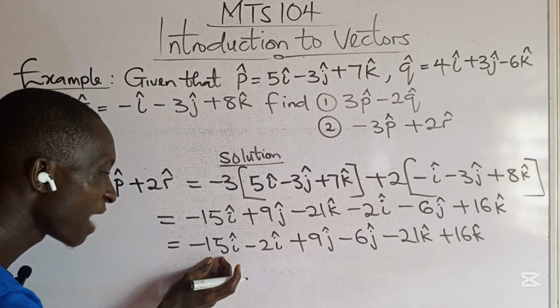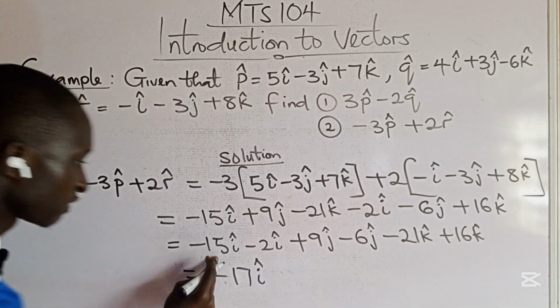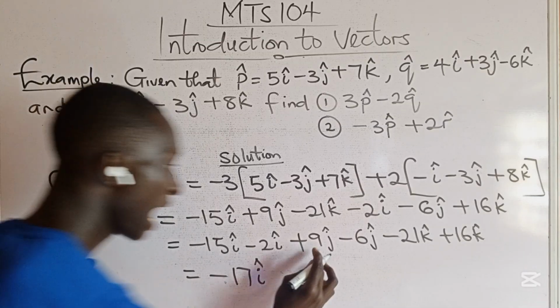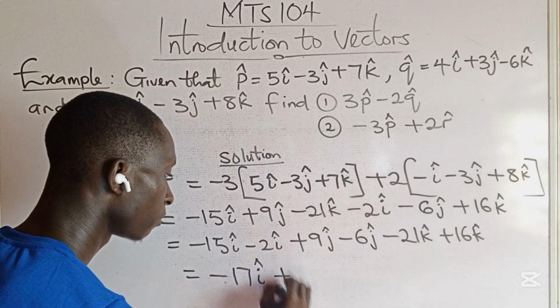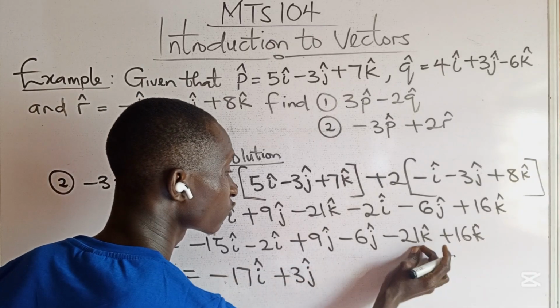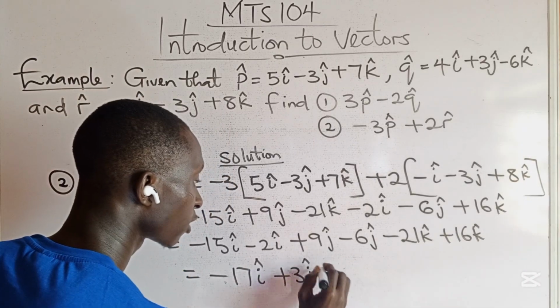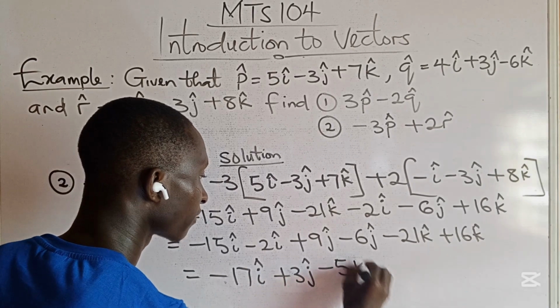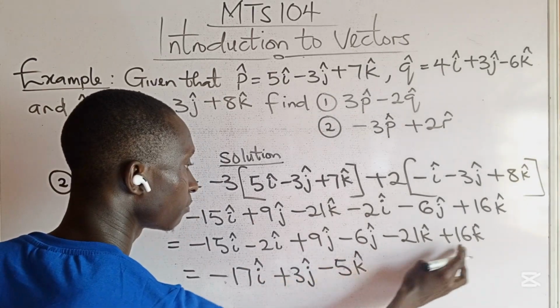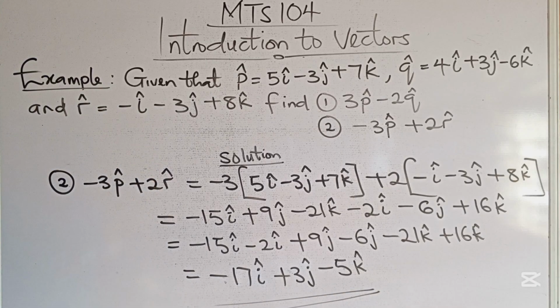Minus 15 minus 2 becomes minus 17I. And 9 minus 6 becomes plus 3J. And minus 21 plus 16 becomes minus 5K, and this is our final answer.